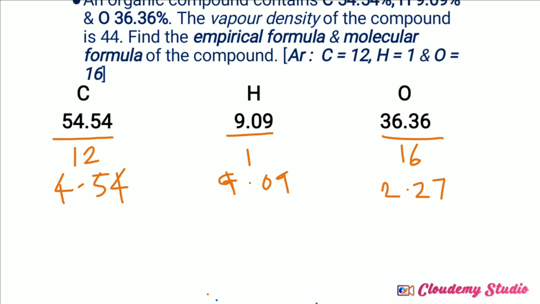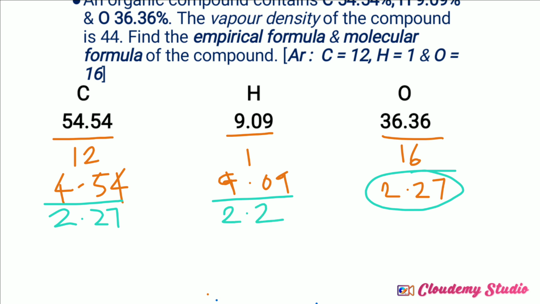Now we need to find the least value. This is 4.54, this is 9.09, this is 2.27. So 2.27 is the least value. Using the least value, we need to divide all the values. So 4.54 divided by 2.27, 9.09 divided by 2.27, and 2.27 divided by 2.27.